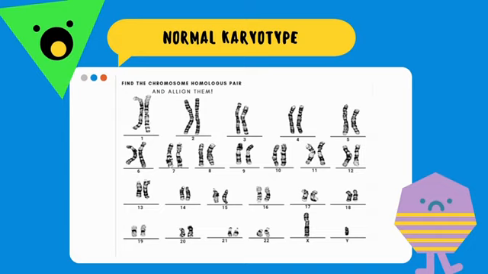Chromosome 13 until 15 were categorized as medium acrocentric, continuing with chromosome 16 until 18 labeled as short submetacentric. Chromosome 19 and 20 labeled as short metacentric. Lastly, chromosome 21 and 22 labeled as short acrocentric. And finally, we have chromosome X and Y, which are sex chromosomes that show that the person is a male.